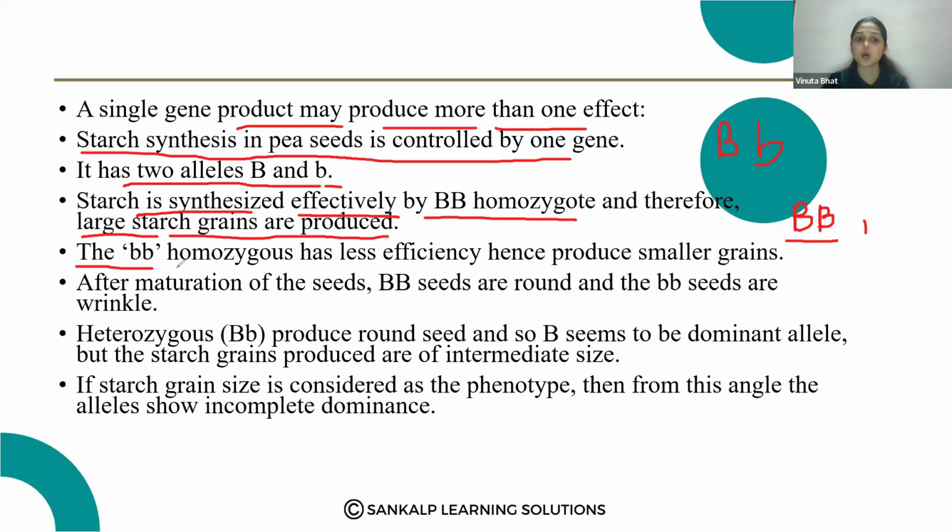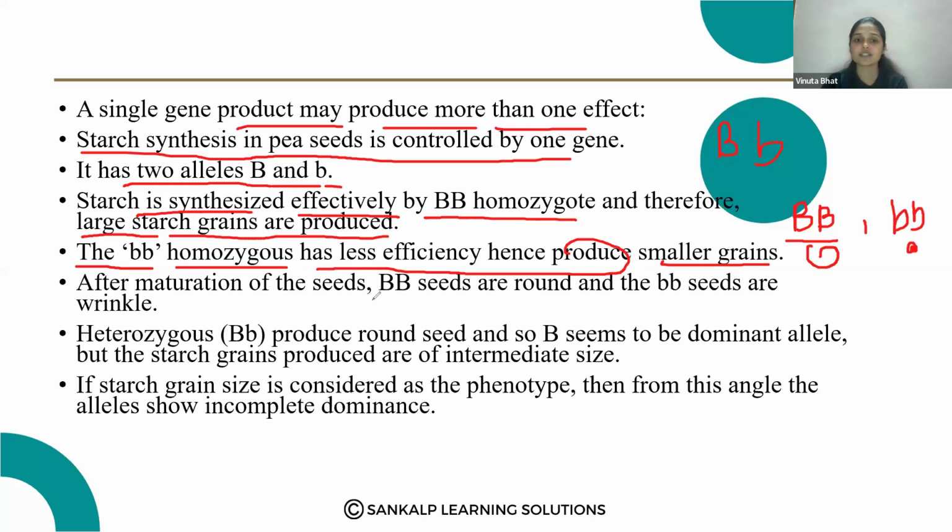The bb homozygous condition has less efficiency, hence produces smaller grains. So bb produces the smaller grains, and capital B produces the large starch grains.